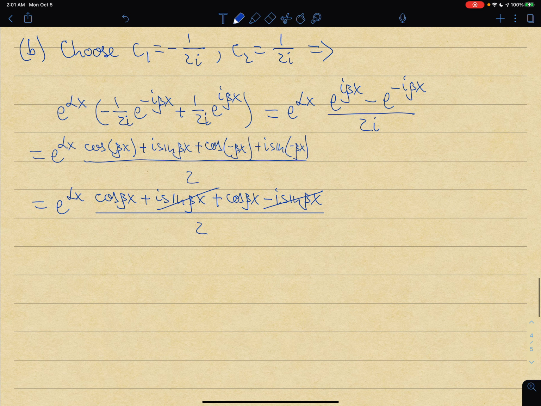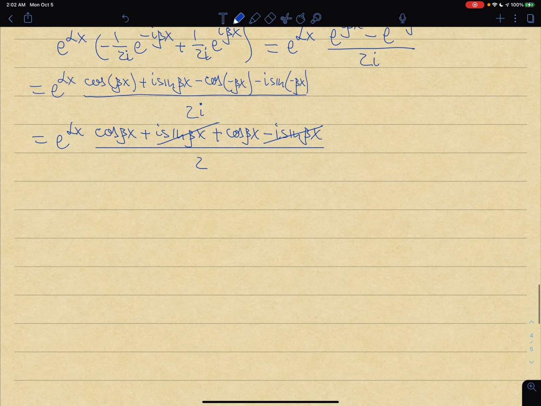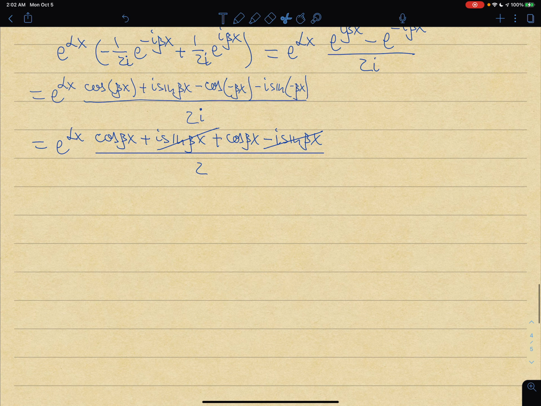Fine. So 2i on the bottom. The only difference with what I had before on the top is that plus became minus. So that means that this is minus, and so is this. All right. So cosine of beta x is still the same thing.